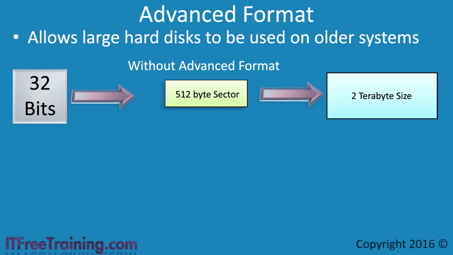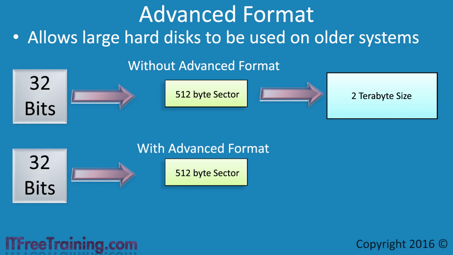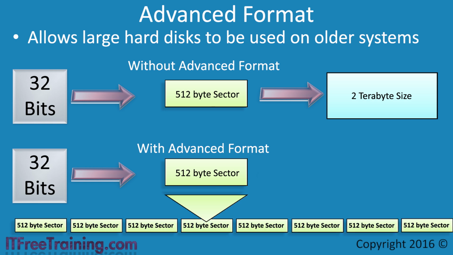So, how does the advanced format bypass this limit while still working with old hardware? When using a drive with advanced format, you still have a limit of 32 bits and 512 bytes. This is what the older hardware expects and supports. However, the firmware on the drive allocates each block of data as 8 512-byte sectors.